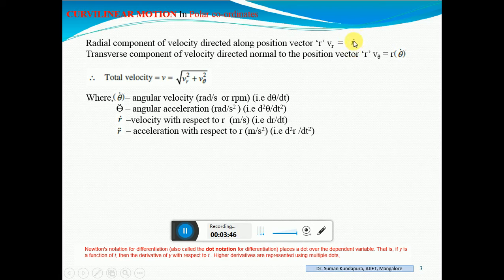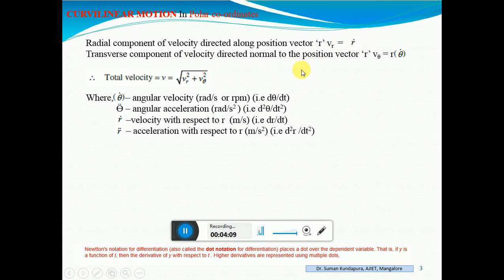Now, r dot may be a new term for you. This r dot has been introduced by Newton; it is called Newton's notation for differentiation. This is nothing but the first derivative of r. This is a dependent variable, dependent upon the time t.